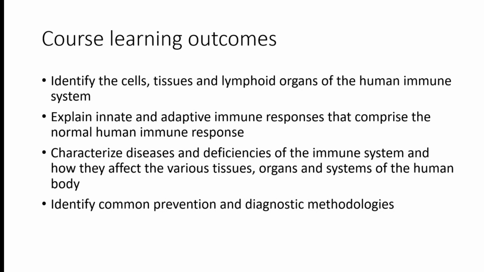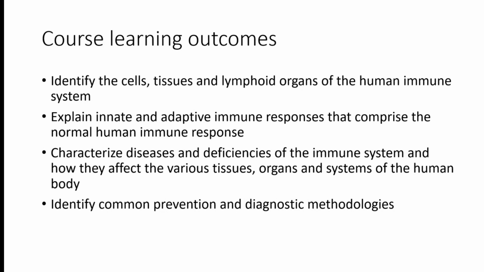Number 2, we are going to explain the immune responses that make up the human immune system. The first 2 bullet points are about the typical, normal immune response. The second 2 involve the second part of the course, which is turning our attention to the question: if the immune response is abnormal, what does that look like and why might that occur?